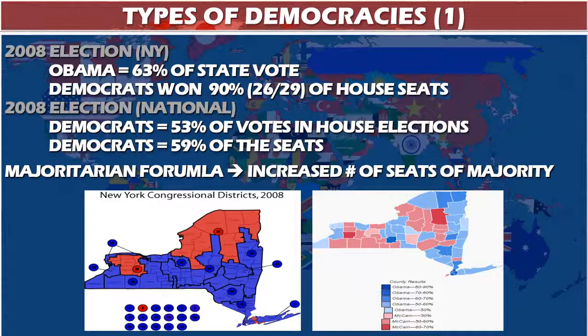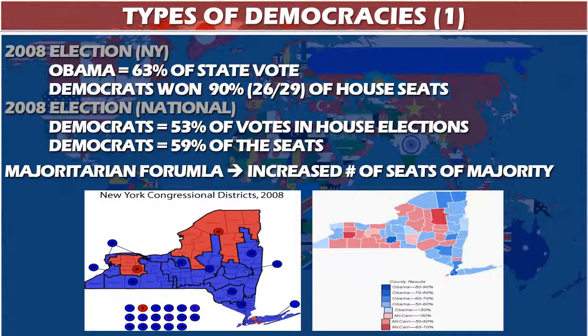And if you look at the maps below, you can see the distribution. On the left-hand side, you can see the blue congressional districts that went Democratic and the red congressional districts that went Republican. And you would think that New York State is almost completely Democratic. However, if you look at the county-by-county breakdown and where Obama got greater or lesser support, what you can see is that many counties actually voted majority Republican, including many counties in western New York and a lot of counties on the southwest side of the Adirondacks.